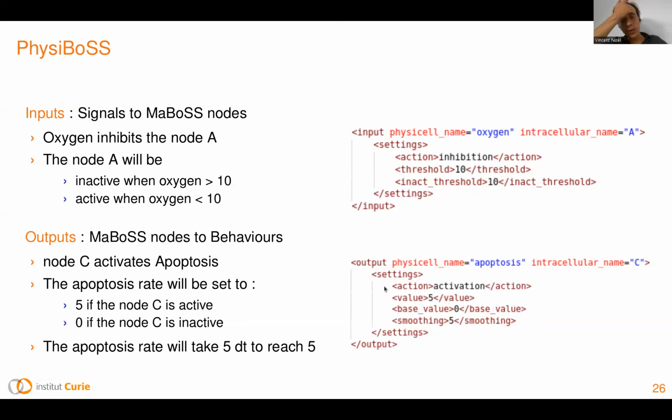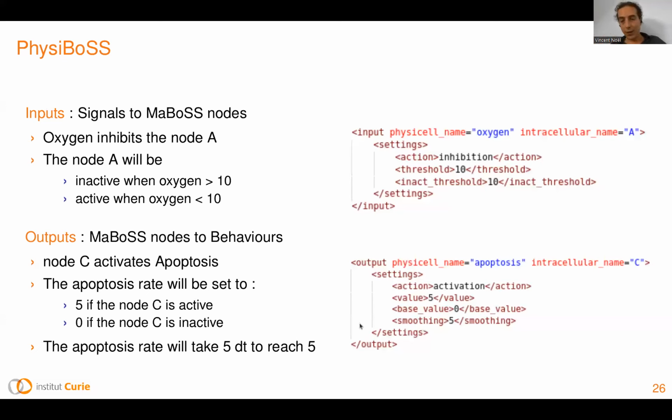And then what we need to do is to set a rate for the apoptosis, because the behavior of apoptosis is controlled by its apoptosis rate. So here we'll say that when the node C is active, the apoptosis rate will be 5. And if C is inactive, the apoptosis rate will be 0, meaning that apoptosis will never happen.